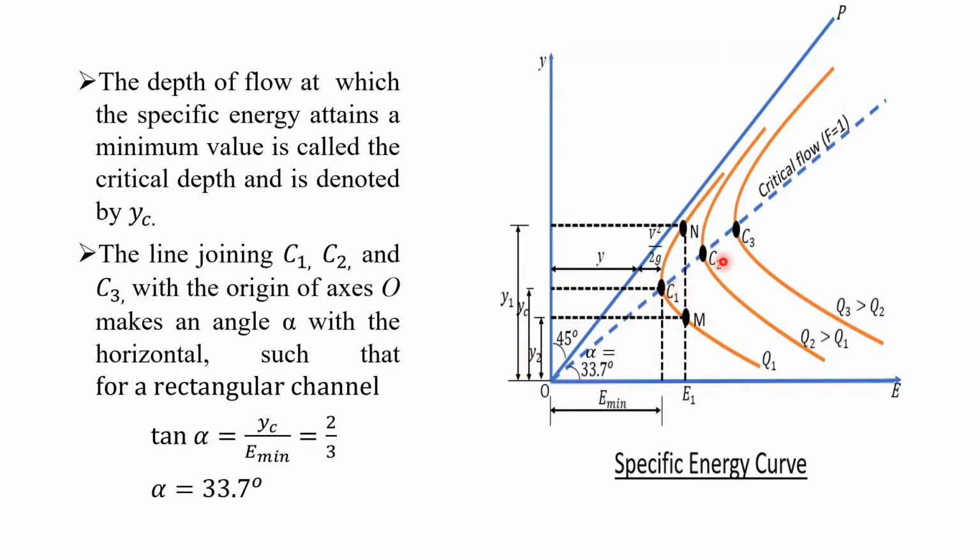Points C1, C2, C3 represent points for minimum specific energy for the three curves respectively, and the line joining C1, C2, C3 with the origin of axis O makes an angle alpha with the horizontal. It has been observed that for a rectangular channel, tan alpha equals 2 by 3 and alpha equals 33.7 degree.